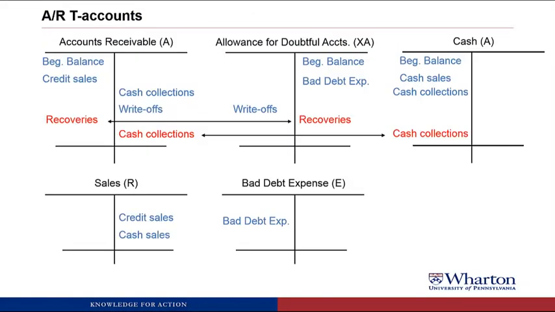Looking at the T accounts, first you have to restore the accounts receivable and restore the allowance. Then you can go ahead and record the cash collection where you reduce the receivable, basically zero it out again, and record the cash. So hopefully this example gave you a good sense of how all these activities related to estimating and recognizing bad debts flow through T accounts and journal entries.